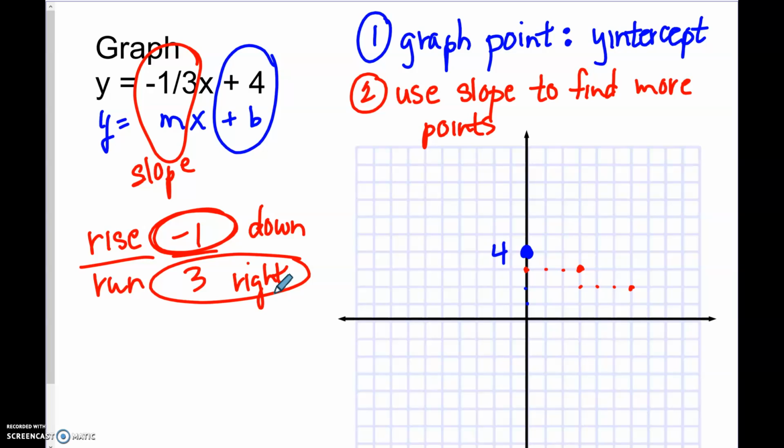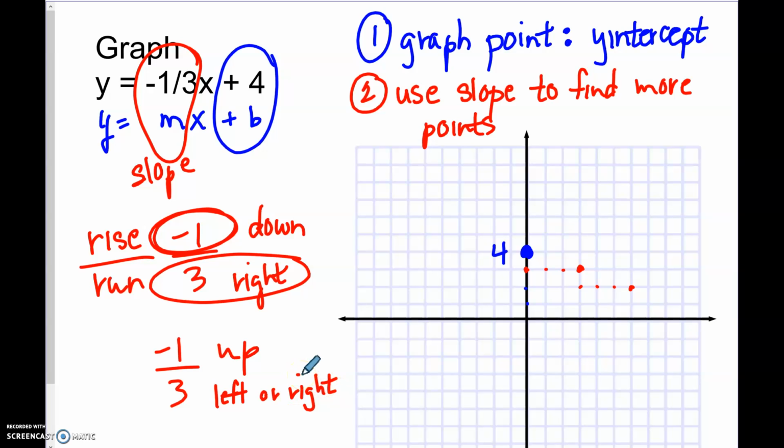Now, when I learned this many years ago, my teacher always had me go up, no matter what the number was, positive or negative. I always went up whatever's on top. And on the bottom, I either went left or right, depending on if it was a positive or negative number.